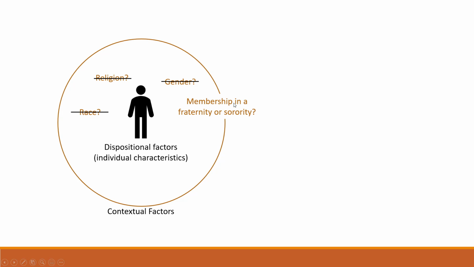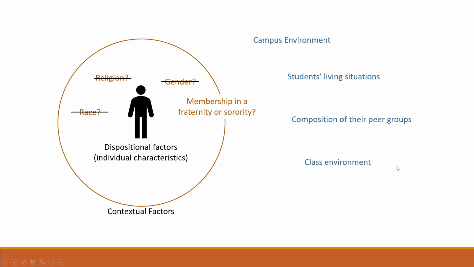However, we have found that social group or cultural influences, we could recode this as cultural influences as well, or contextual factors do influence cheating. So there are some variables that other researchers have looked at, like the campus environment, students' living situations, composition of their peer groups, and the classroom environment.